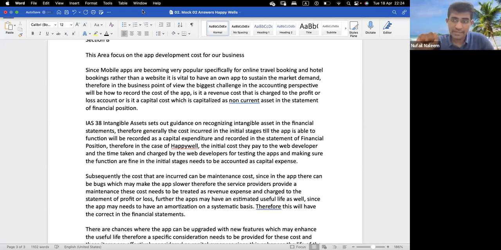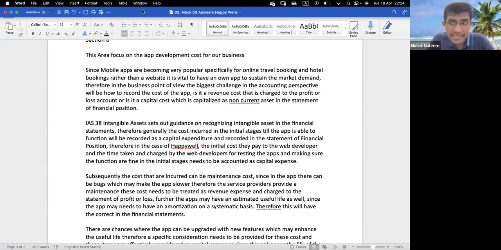The 5 conditions are: the asset is there for use, it becomes an economic benefit, it is technically feasible, and the resources are there to complete the asset. If there is a potential, then the development cost will be capitalized into the statement of financial position.